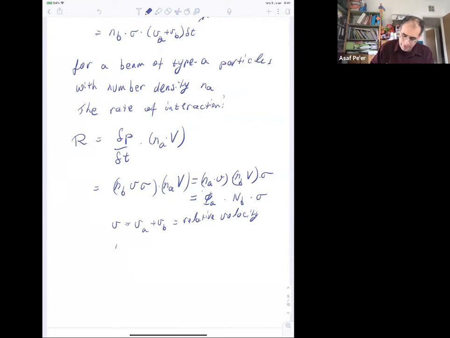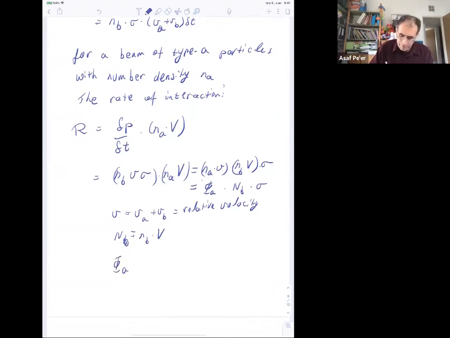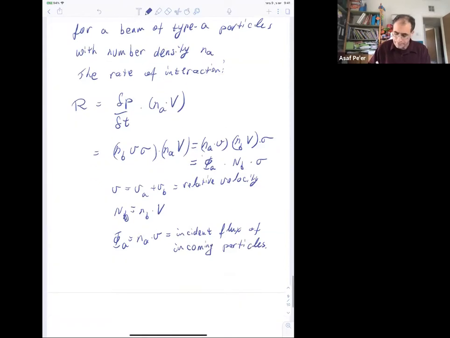So phi A is just NA times the relative velocity, the incident flux of incoming particles of the A type.